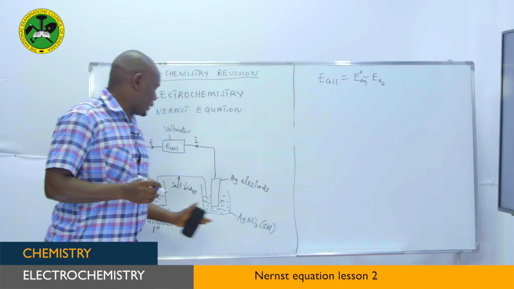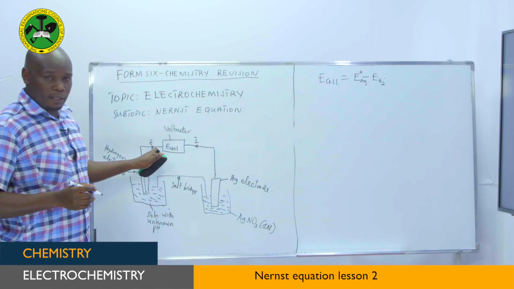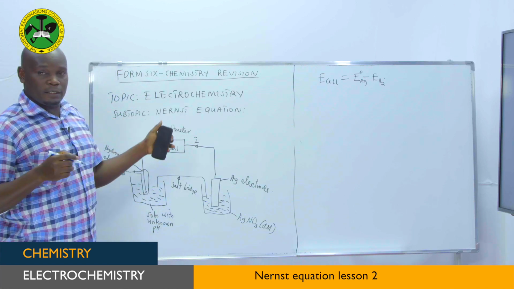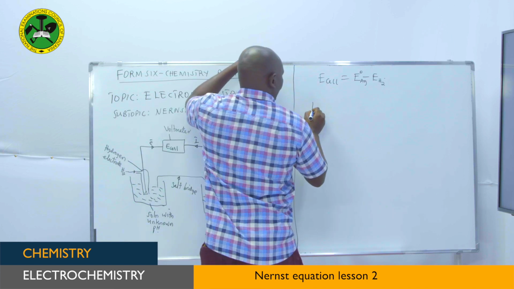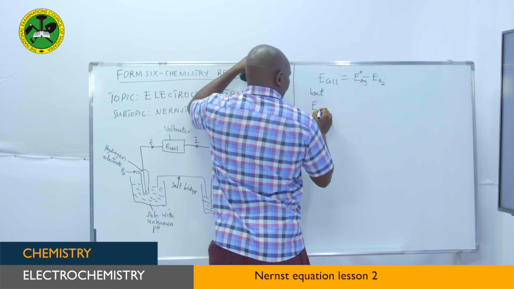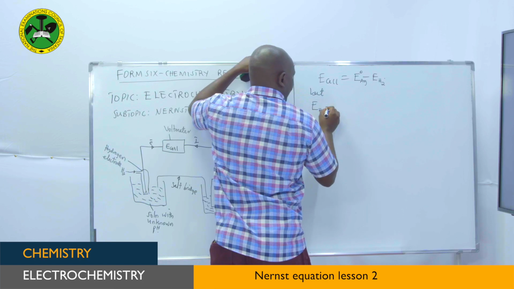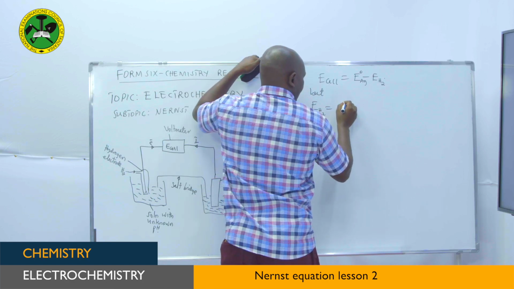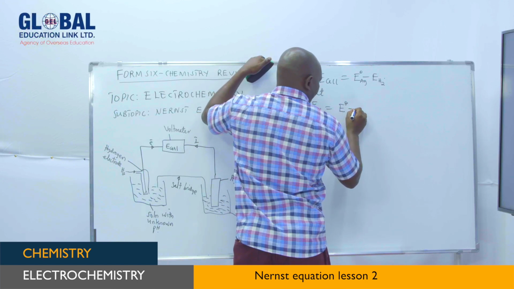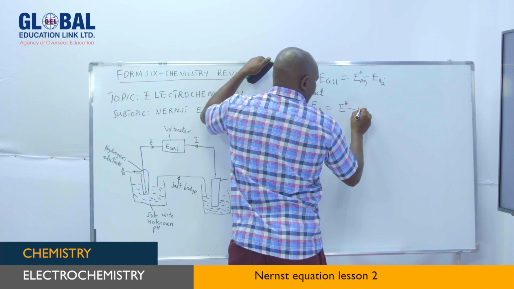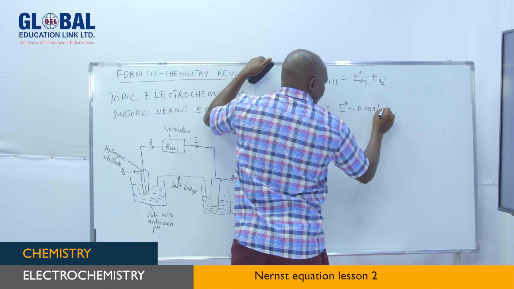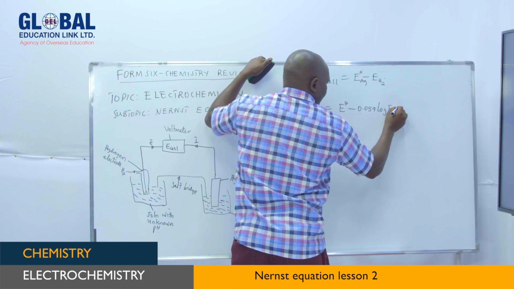That is how we can determine the E of a cell. But if we recall the Nernst equation, the E of hydrogen is determined by taking the standard electrode potential of hydrogen, minus 0.059 log of concentration of hydrogen ions.